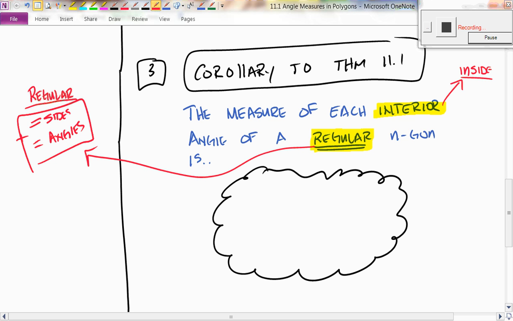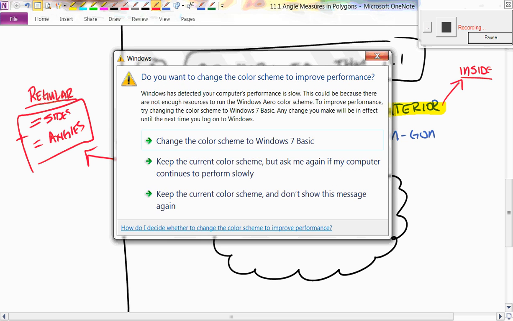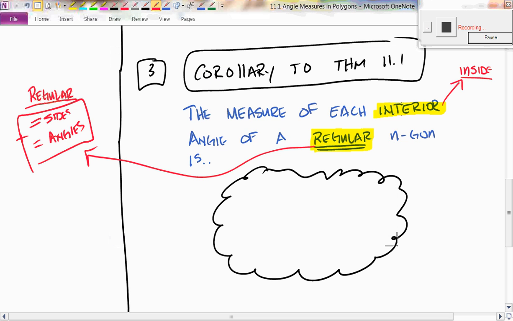So a corollary to our theorem says the measure of each interior angle of a regular polygon is n minus 2 times 180, all divided by n.